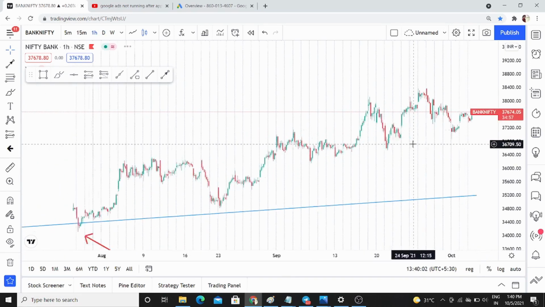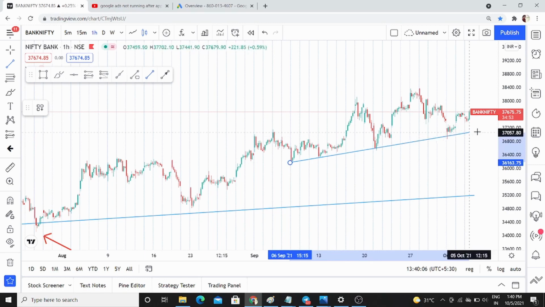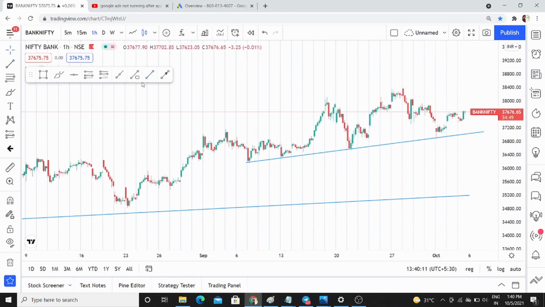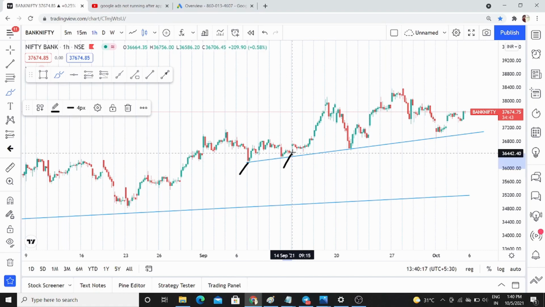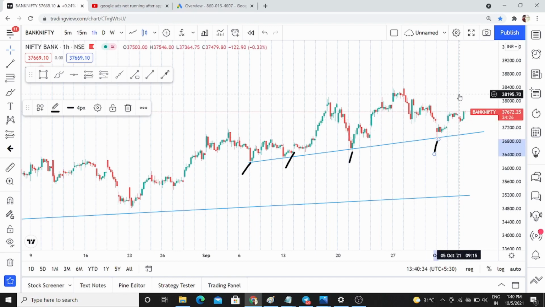If we go down to the lower time frame and draw this simple trend line, the chart was respecting this trend line and took support first, second, third time, and the fourth time also it came here, took support, and moved upward.